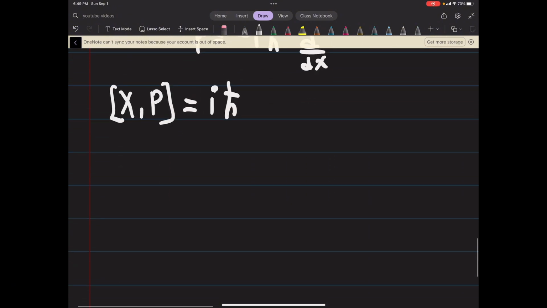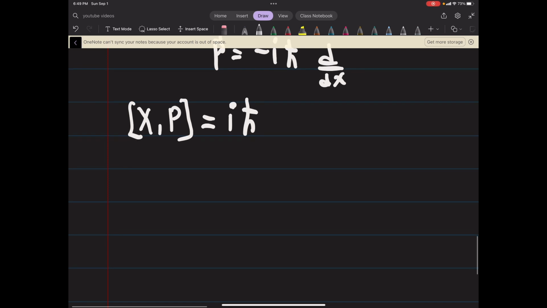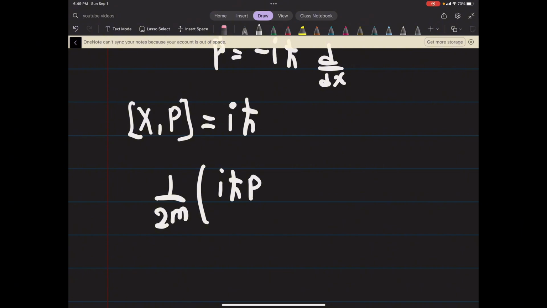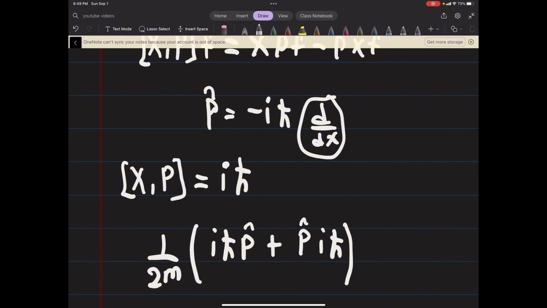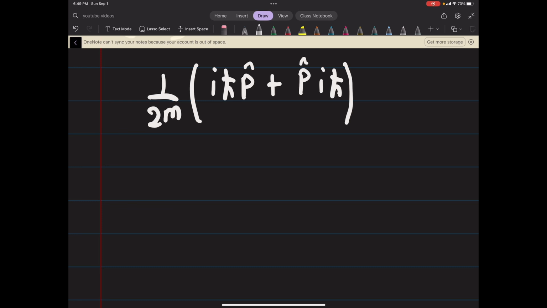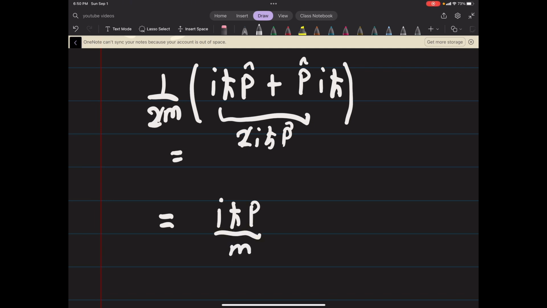So this commutation relation is 1 over 2m times (i h bar p plus p i h bar). Now i and h bar are just constants, so the derivative in our p operator isn't really going to do anything because they can be factored out. So you'll get a 2 i h bar p hat, that 2 will cancel, so you just get i h bar p divided by m.